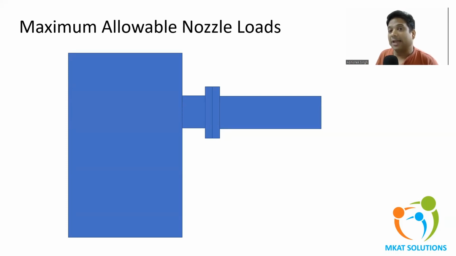When the final stress analysis is done by the piping engineer, we get the final load which will be acting on the nozzle. So the normal sequence is to do the stress analysis and then we get the nozzle loads.